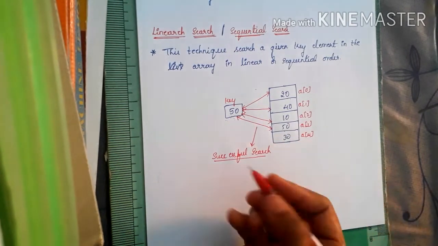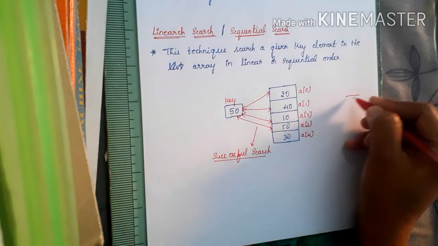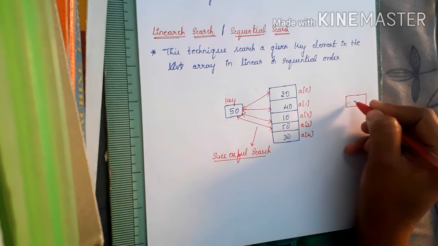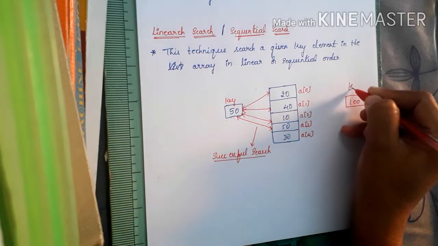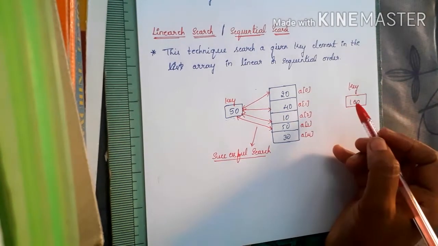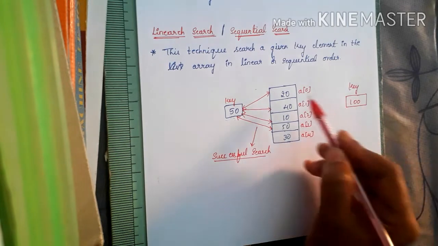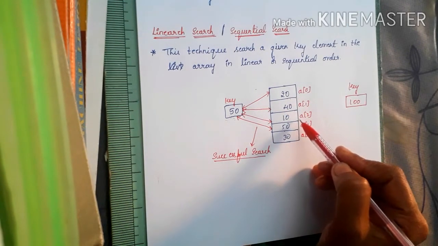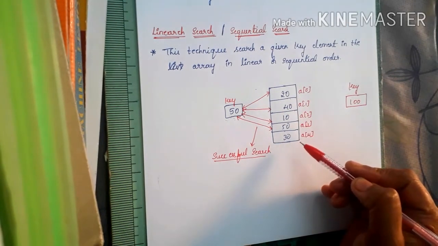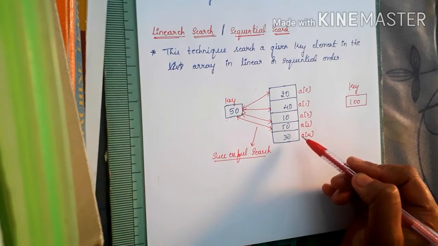In case, for example, I want to search the key element 100, the linear search technique compares the key element with the elements of the array one by one, that is, in linear fashion or in sequential fashion.